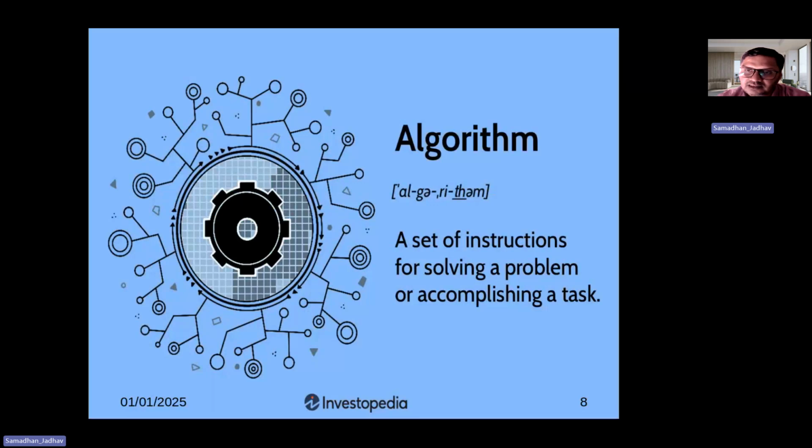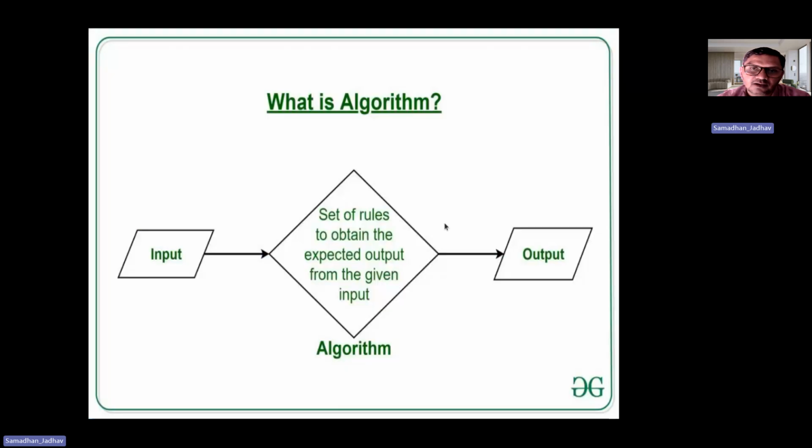Now this is how the word algorithm was coined or introduced. So we have al-ga-ra-them, algorithm. Okay, so this is how it was invented. Now as I said, an algorithm is a collection of rules and instructions written in natural language, and if we follow them, we'll get our problem solved.